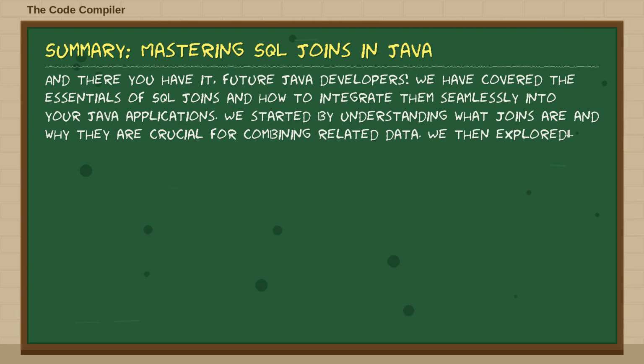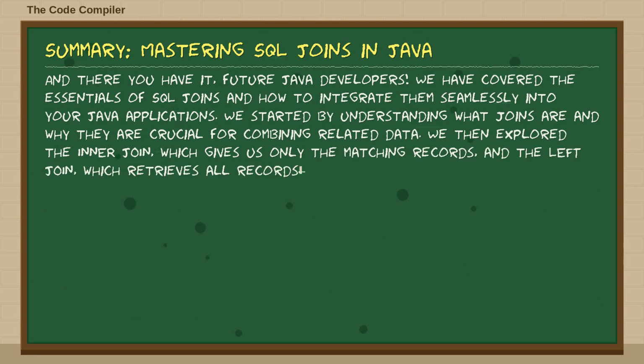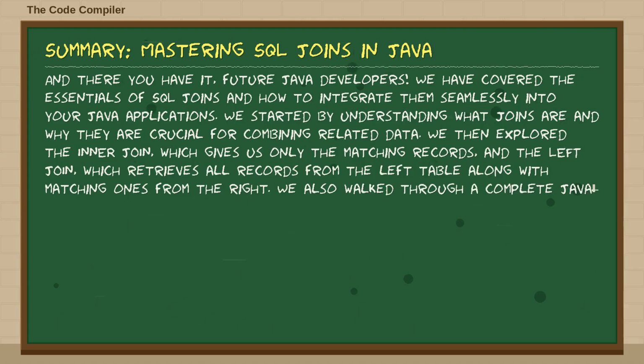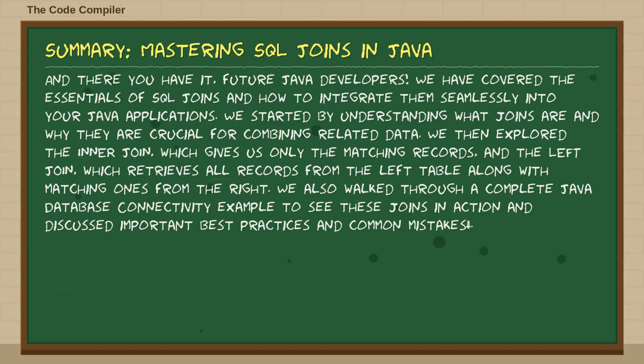We then explored the inner join, which gives us only the matching records, and the left join, which retrieves all records from the left table along with matching ones from the right. We also walked through a complete Java database connectivity example to see these joins in action and discussed important best practices and common mistakes to avoid.